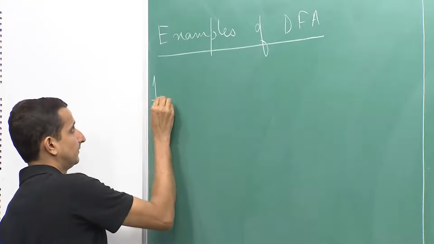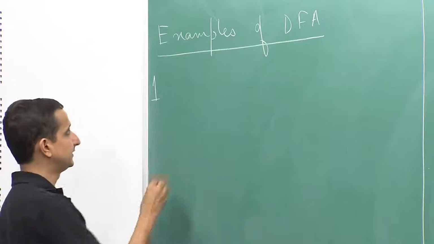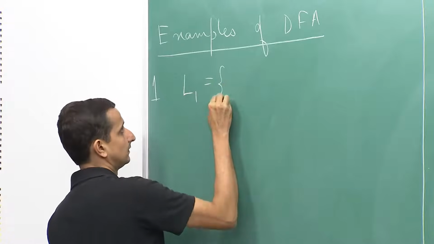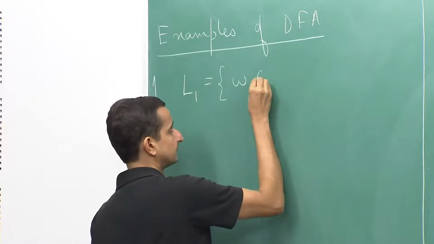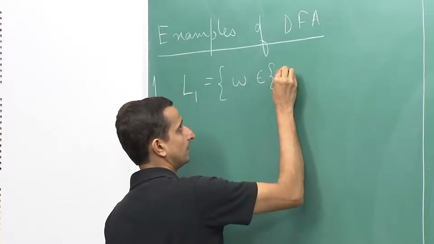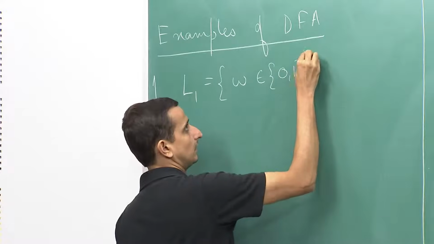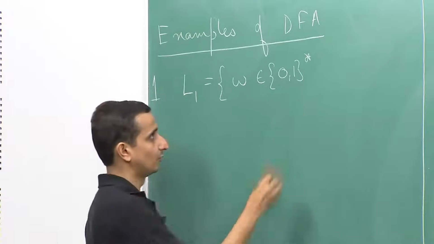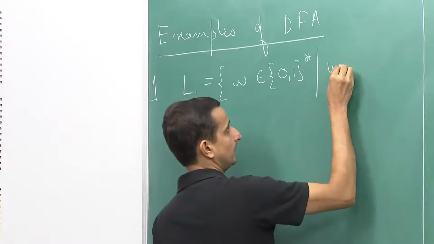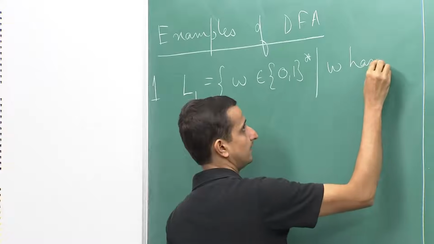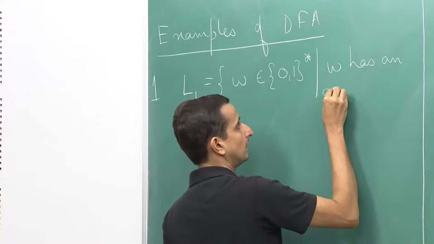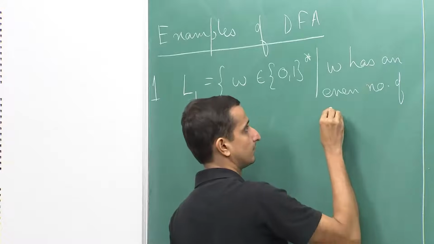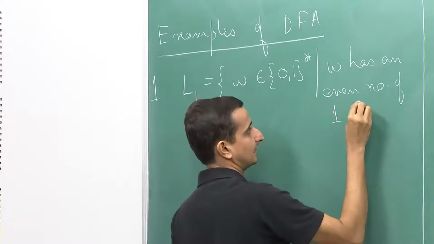So, the first language that we will see, let us call it L1, is the set of all strings over the alphabet 0 1 such that W has an even number of ones.